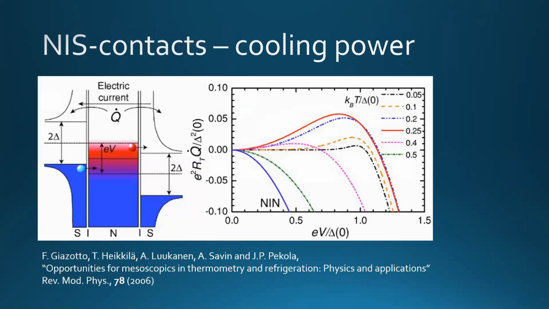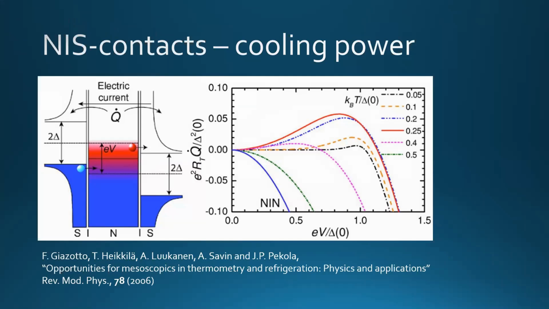So a few words about NIS thermometry in principle. When we have an NIS contact, we have in the normal metal a density of states which is more or less constant, and there is a Fermi distribution of electrons.